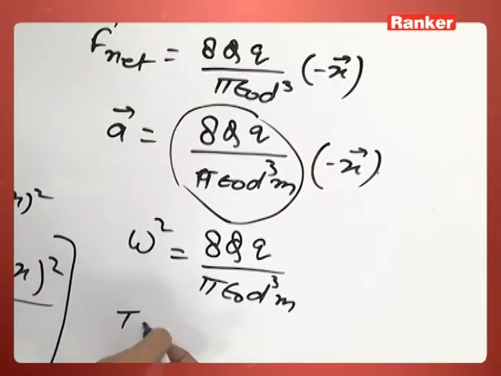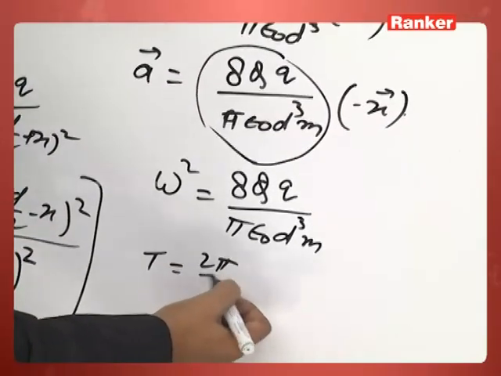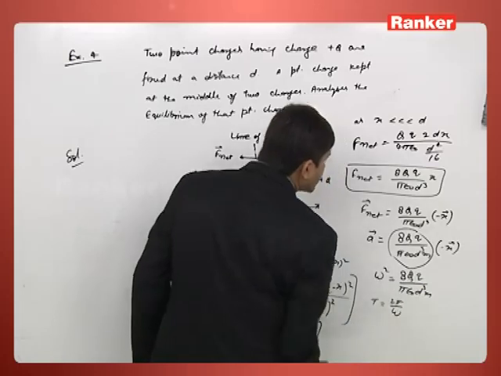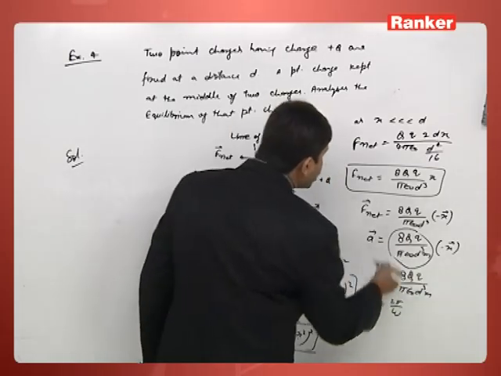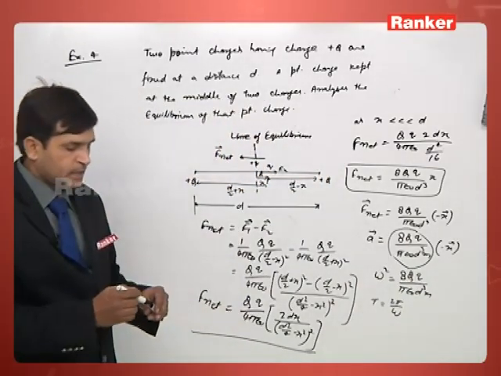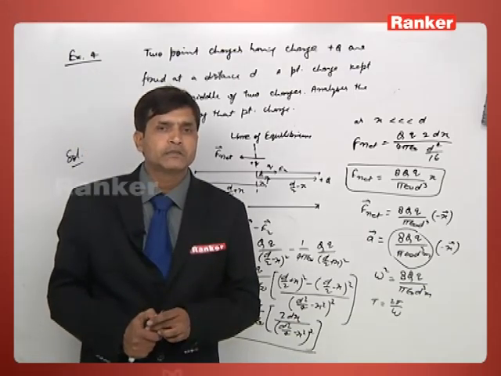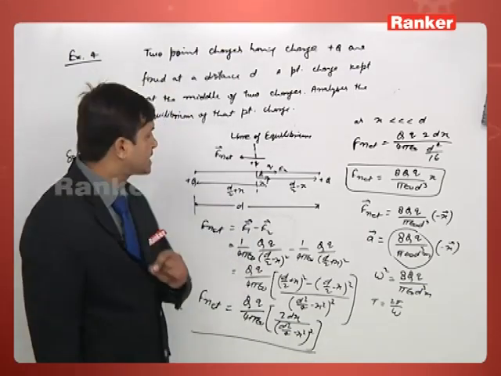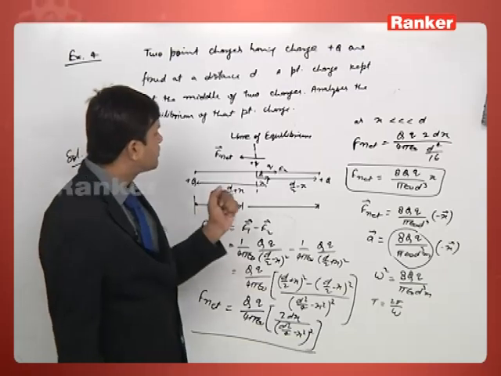So T is equal to the time period. The conclusion is that as a is proportional to minus x, the motion of the charged particle here is simple harmonic motion, SHM. So what is the main point here?